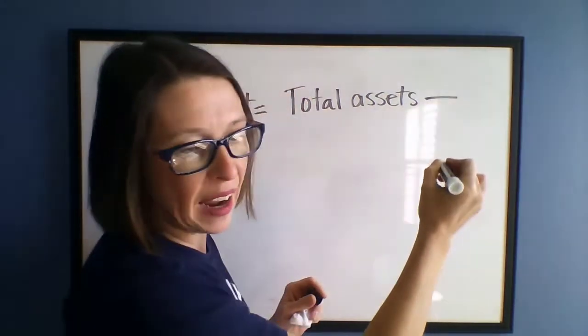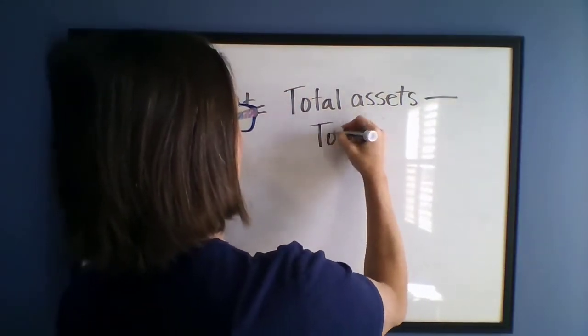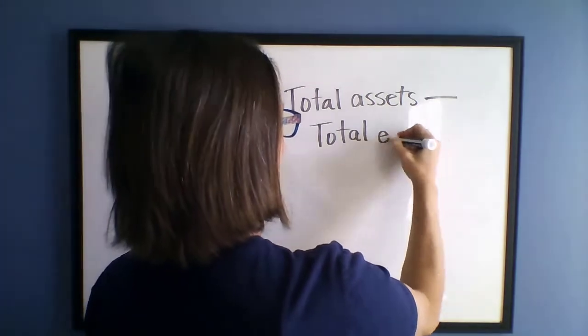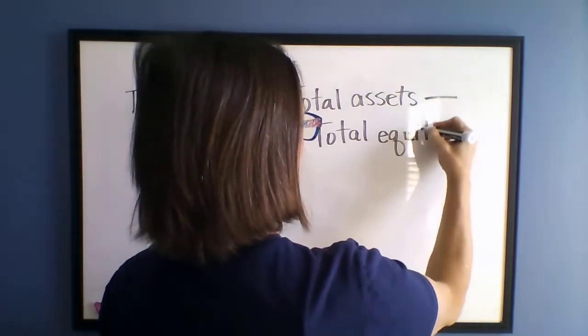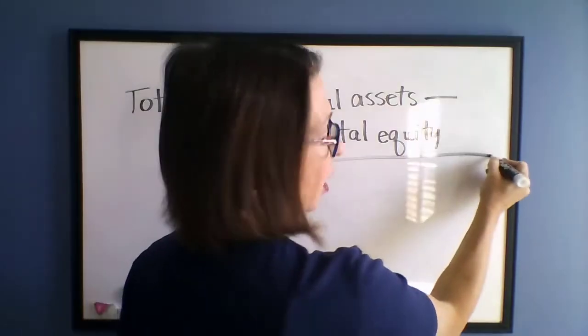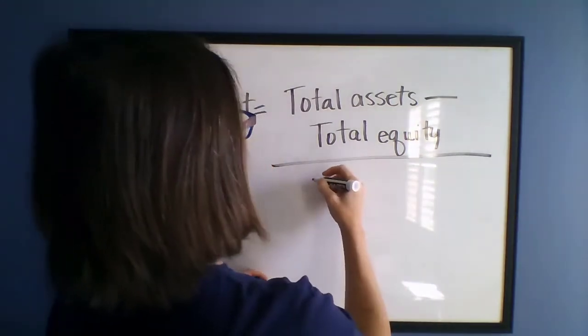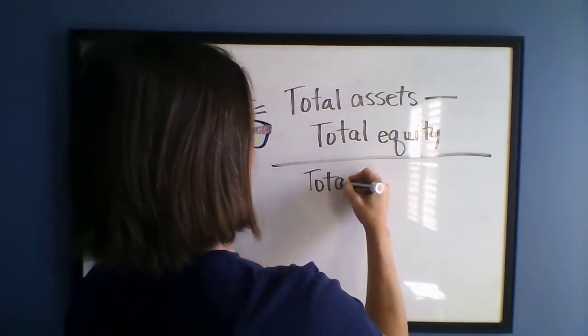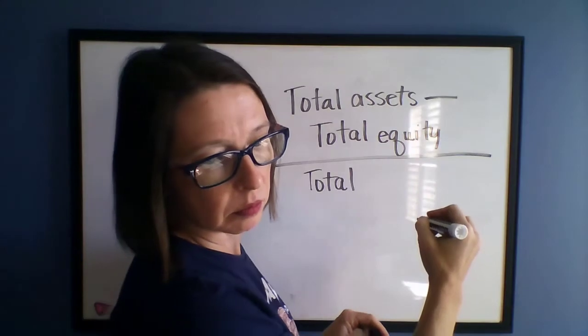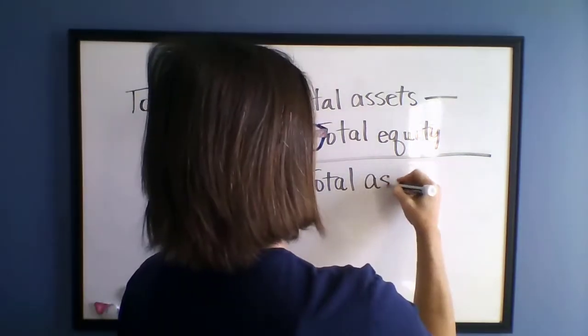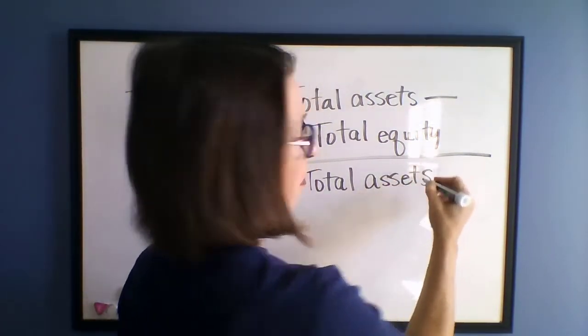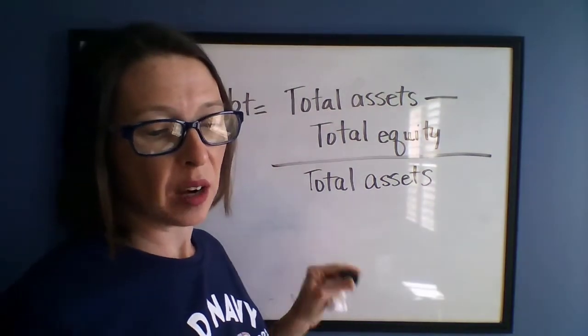We're going to subtract total equity, and then we're going to divide all of that by our total assets. So this is the total debt ratio.